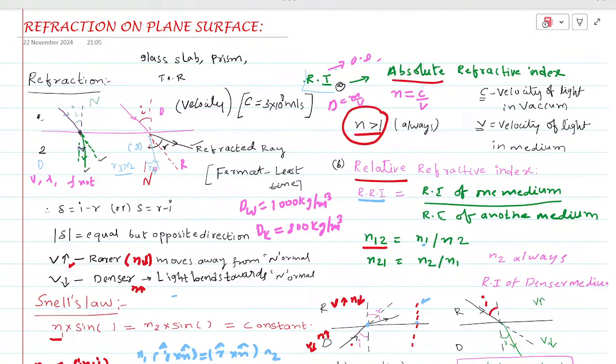The refracting angle is less than the incident angle when the medium is denser, and more than the incident angle when it is rarer. Finally, refraction means that when traveling from one medium to another, the light deviates its path towards or away from the normal, depending on whether it goes rarer to denser or denser to rarer.